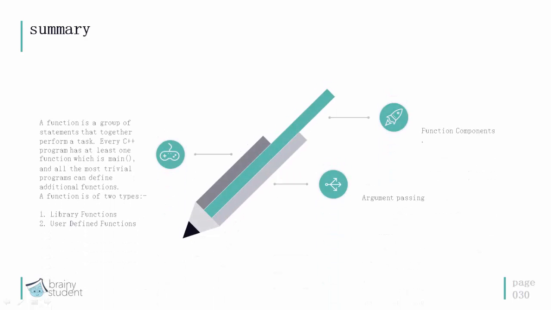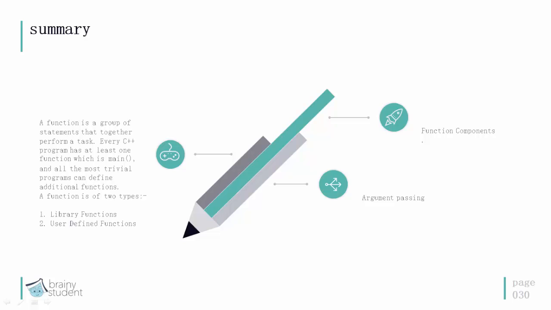A function is a group of statements that together perform a task. Every C++ program has at least one function, that is our main function, and all the most trivial program can define additional functions also. We are having two types of function, library function and user defined function.